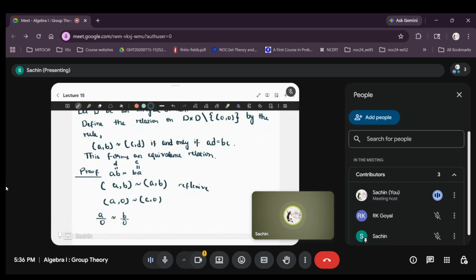A number with a denominator 0 is only related to other numbers with denominator 0. We only exclude 0 by 0. So that does not cause any issues for us. Okay, and if AB, we have AB is equal to AB, so this is actually in place of D.